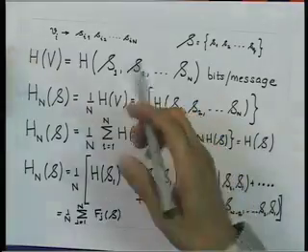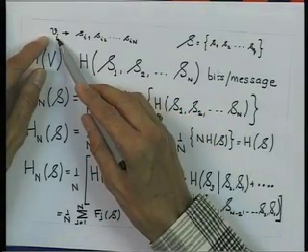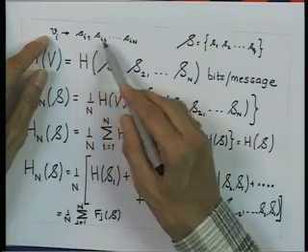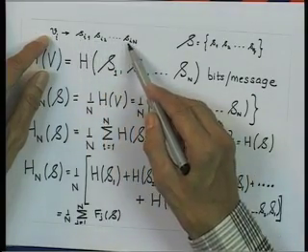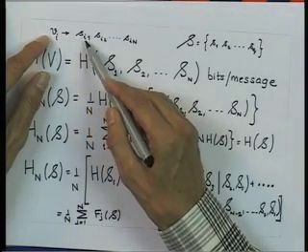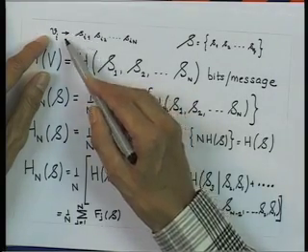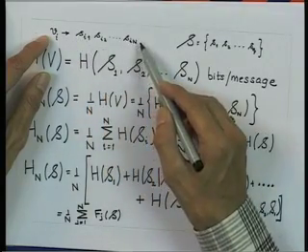Let us assume that I have a message Vi formed of symbols of length n. Previously, we had studied messages of length 1 only. So, let us consider messages of length n.